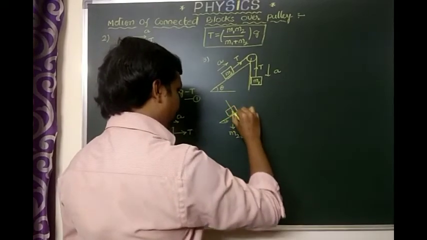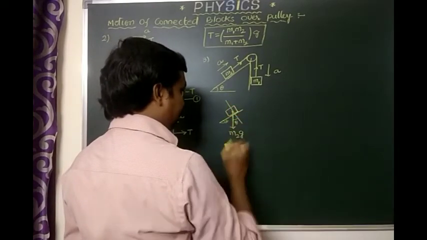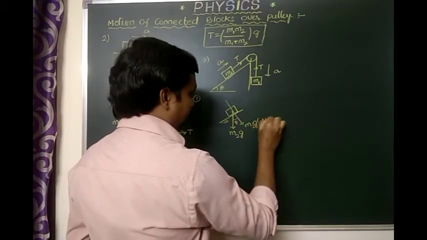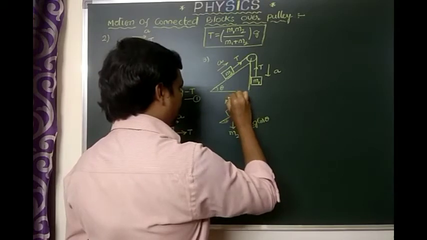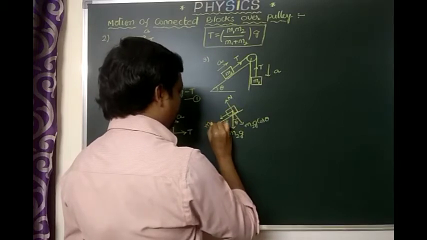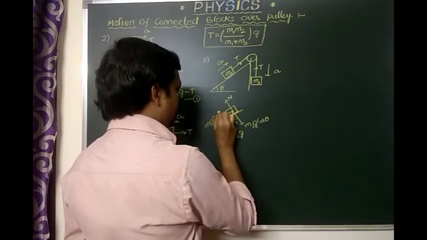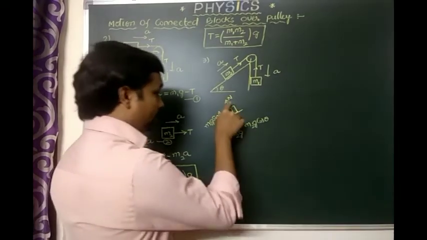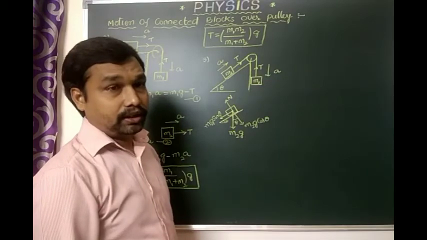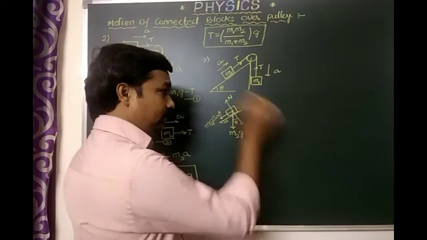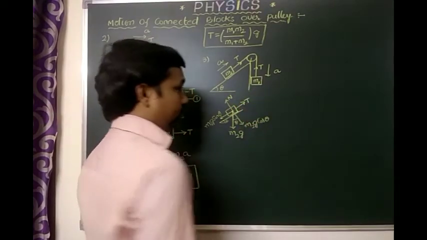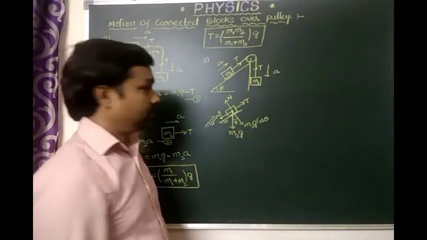If you draw the normal, with angle theta, we get M2 g cos theta along the normal, and perpendicular to this we get M2 g sin theta. The normal and M2 g cos theta remain constant. It is not moving perpendicular to the inclined surface, only along the incline. What will be the force acting backward? Tension will be the force. This is nothing but a free body diagram.